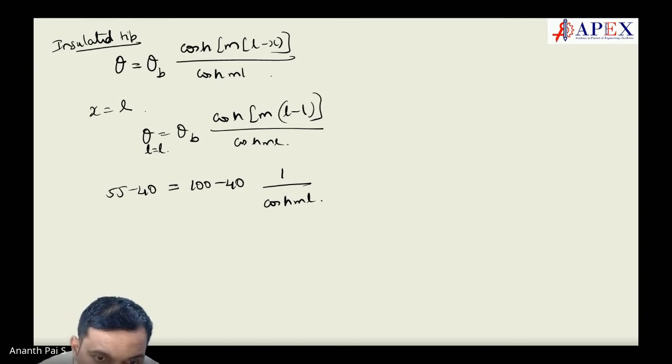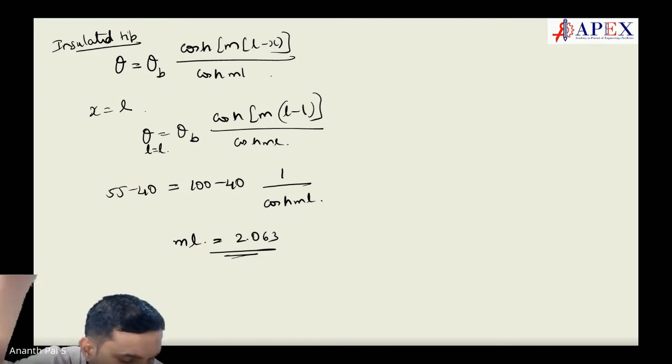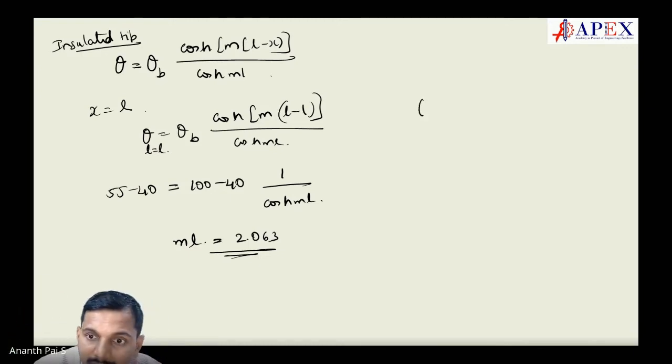So using this, if you solve, you get ml is equal to 2.063. This you have to apply back in the equation where theta is equal to theta b into sinh ml divided by sinh 2ml.